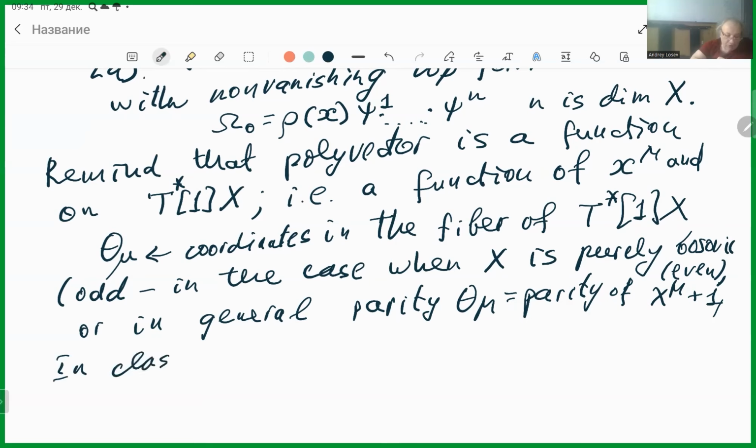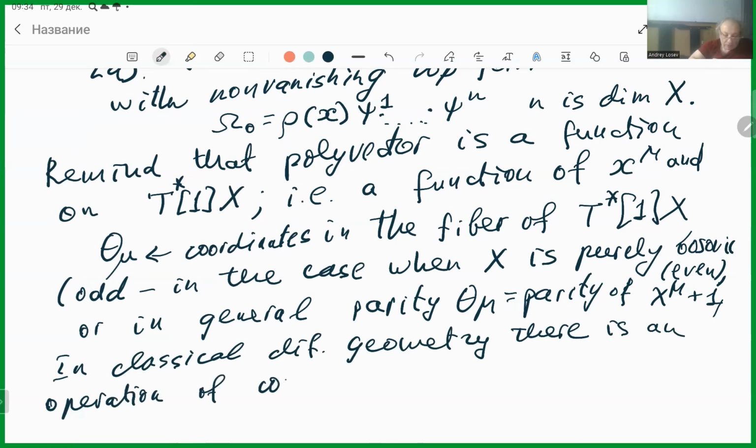In classical geometry, there is an operation of contraction of a polyvector and a differential form.